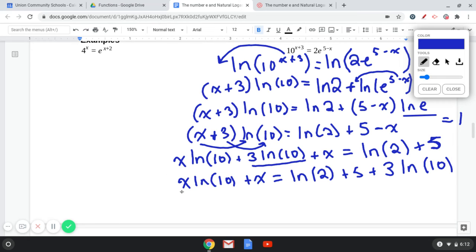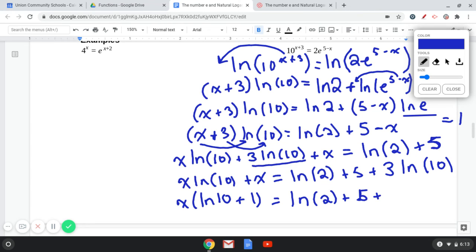All right, left-hand side, we got two terms added together, both have an x in it, so guess what? We're going to factor out an x. So we get x times the natural log of 10 plus 1 equals natural log of 2 plus 5.